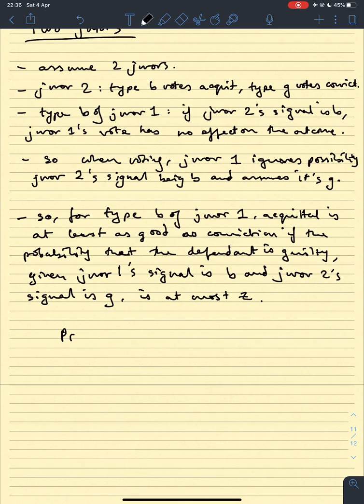So the probability of the defendant being guilty, given that juror 1 receives the signal B and juror 2 receives G, is equal to the probability that juror 1 receives signal B and juror 2 G, given that the defendant is guilty, multiplied by the probability that the defendant is guilty, divided by the total probability of each juror receiving the signal that they've received.